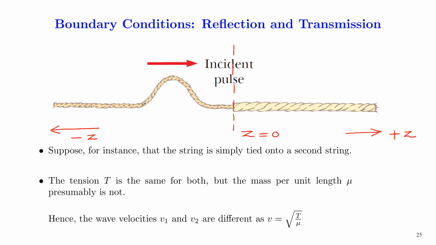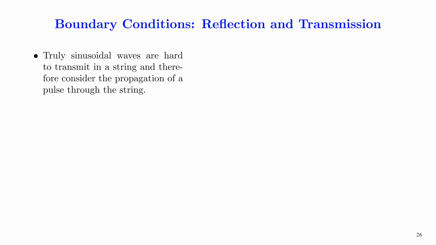The velocities in the two media, that is the lighter string and the heavier string shown in the figure, will be different, as velocity is equal to the square root of tension divided by mass per unit length. You might have noticed that the incident wave on the string is a pulse. This is because truly sinusoidal waves are hard to transmit in a string.